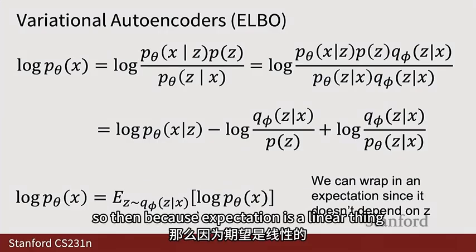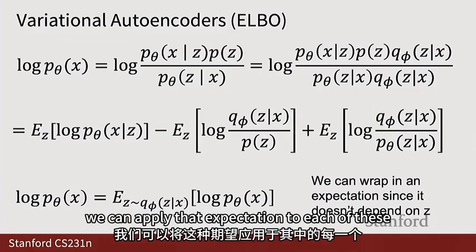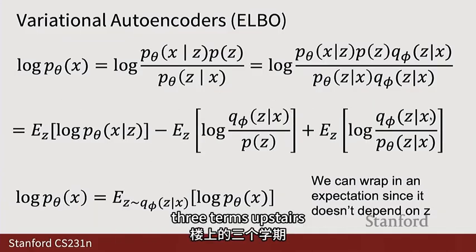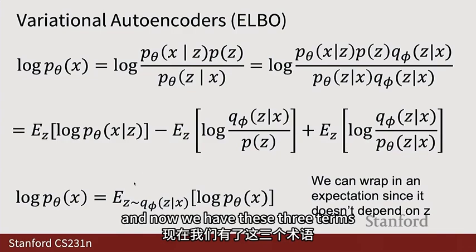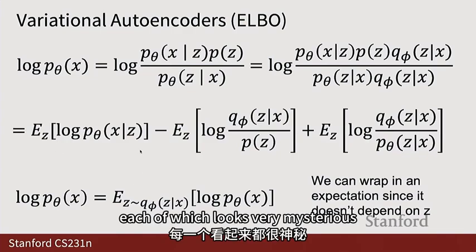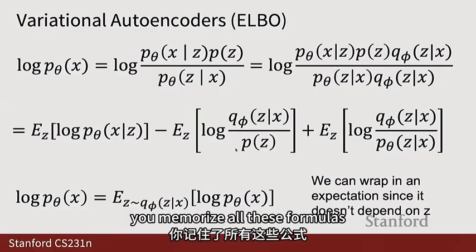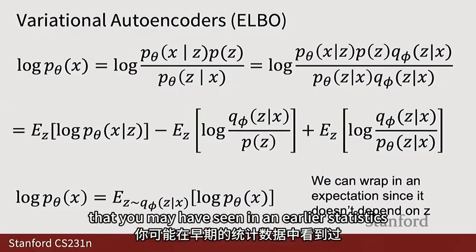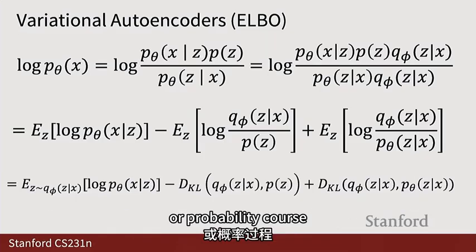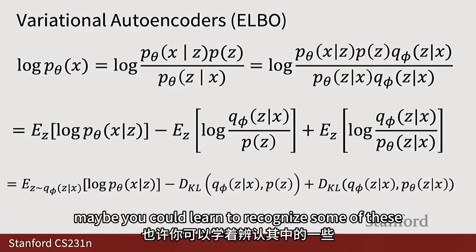Okay. So then, because expectation is a linear thing, we can apply that expectation to each of these three terms upstairs. And now we have these three terms, each of which looks very mysterious. But if you had a lot of intuition about probability, and you memorized all these formulas that you may have seen in an earlier statistics or probability course, maybe you could learn to recognize some of these.